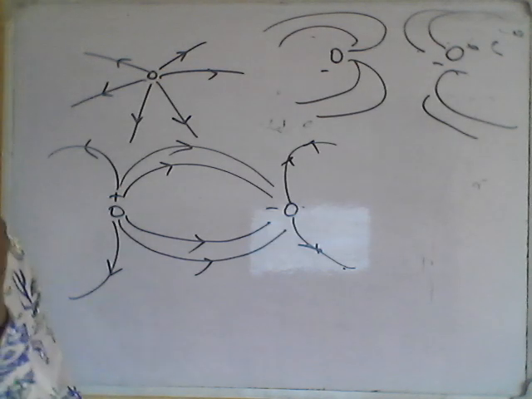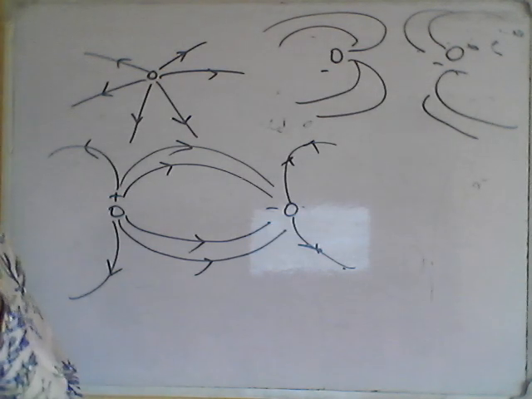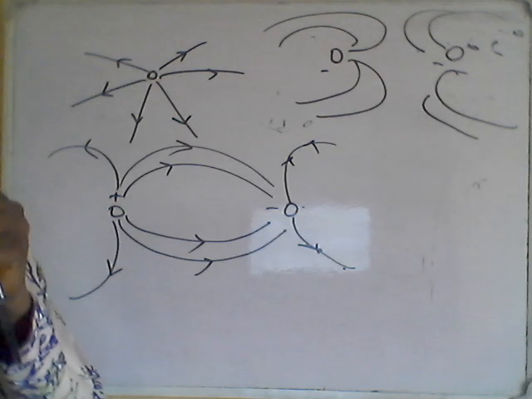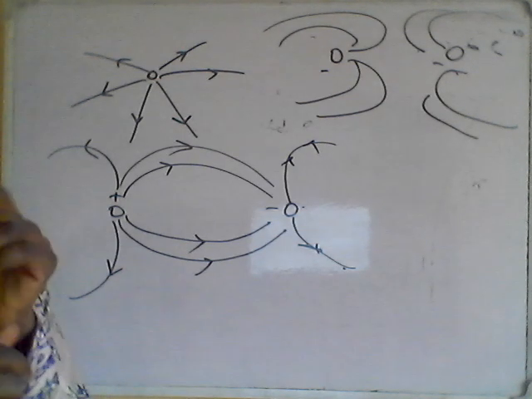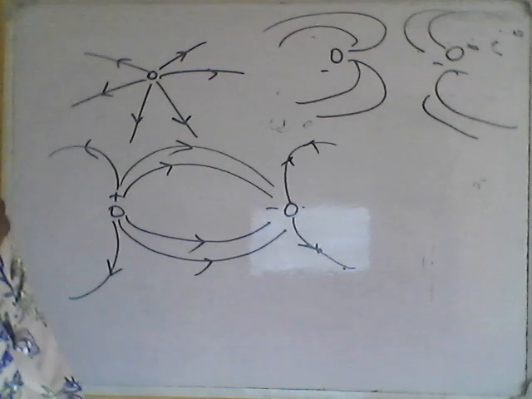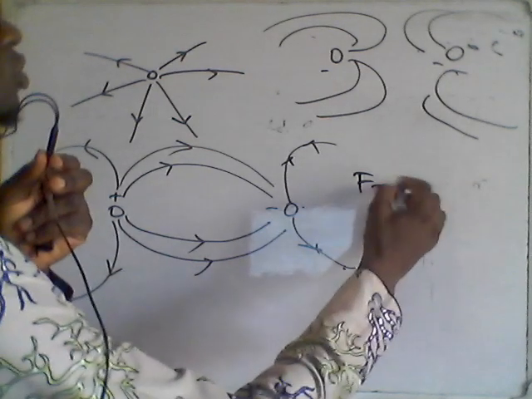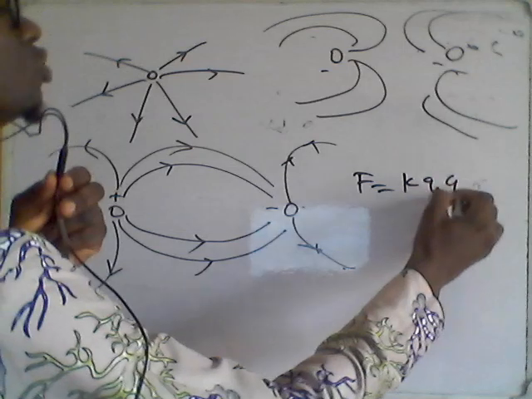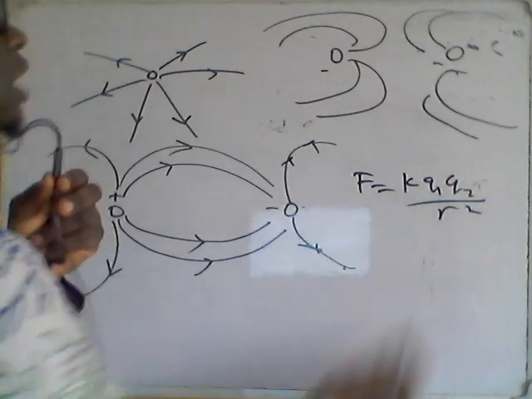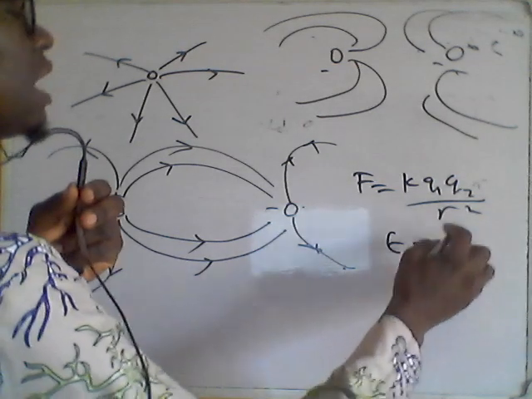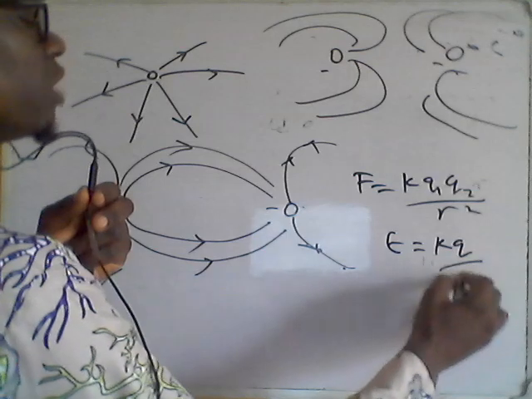We also saw that electric charge is quantized, occurring only in discrete amounts. We talked about the force of attraction or repulsion between two charges, given as F equals K Q1 Q2 all over R squared, and we saw that electric field is given as K Q over R squared.